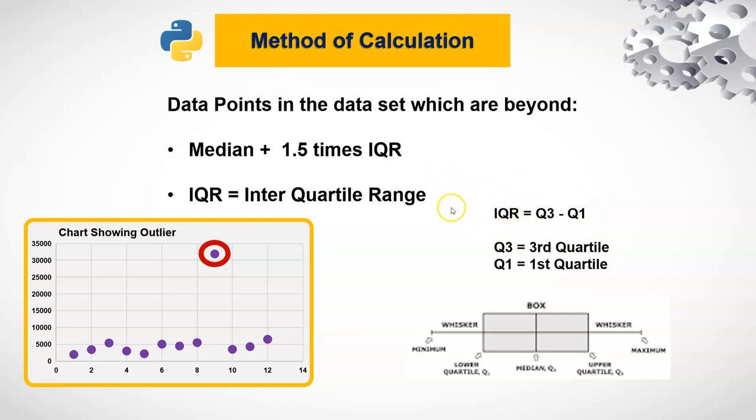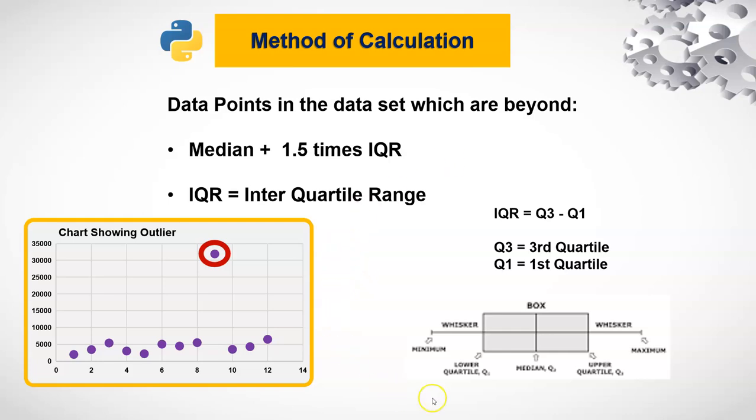This interquartile range is multiplied by 1.5 and added to the median value. Whichever value comes out of this is our limit, beyond which any value in the data is an outlier. So did you get my point?